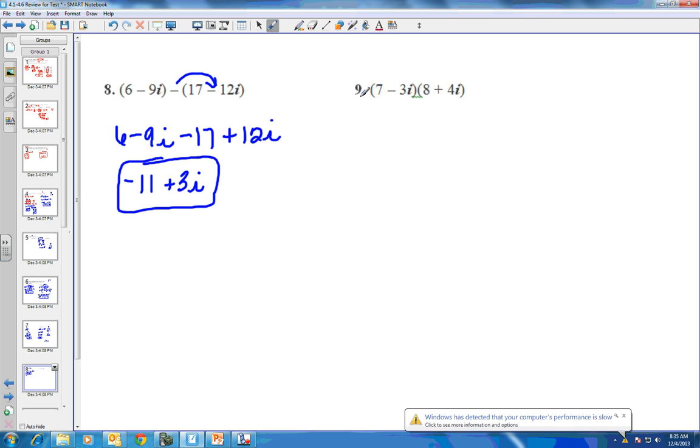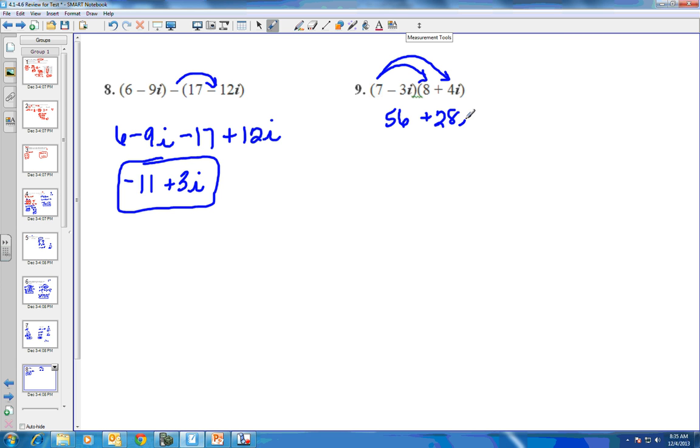All right, number 9. This is a multiplication problem, so I'm going to FOIL this stuff out. 7 times 8, 56. 7 times 4i is 28i. Negative 3i times 8 is minus 24i. And negative 3i times positive 4i is negative 12i squared.